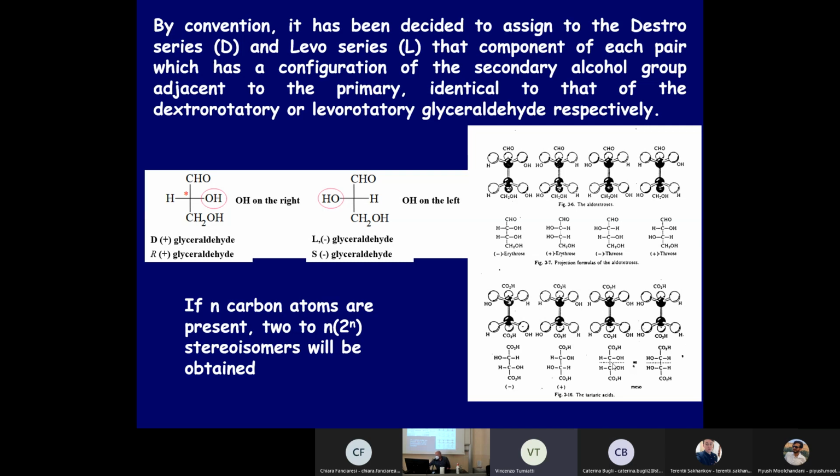There is also a particular exception: if there is a plane of symmetry inside the molecule, you have 2 asymmetric carbon atoms, 2 chiral carbon atoms, yes, but only 3 stereoisomers, not 4. Okay, this is an exception.